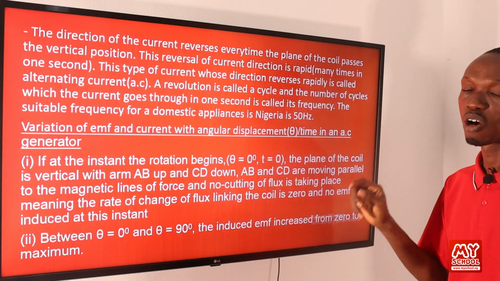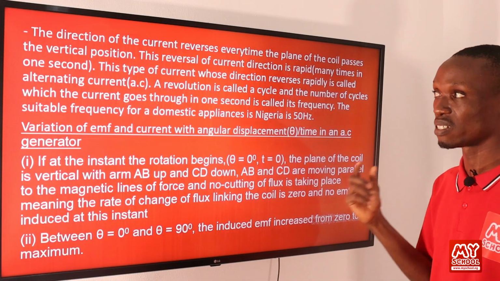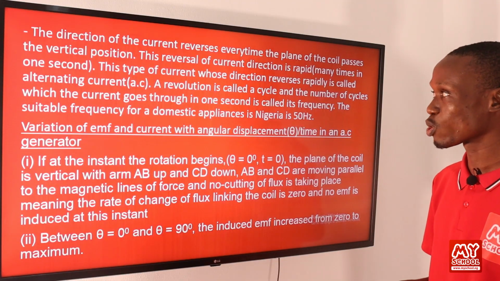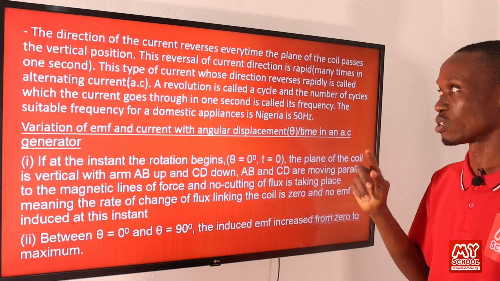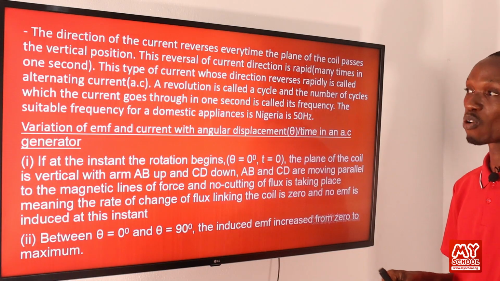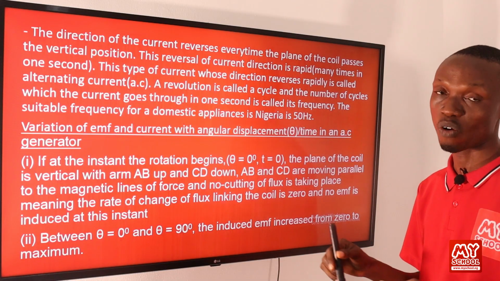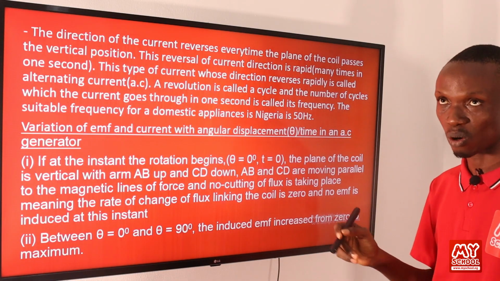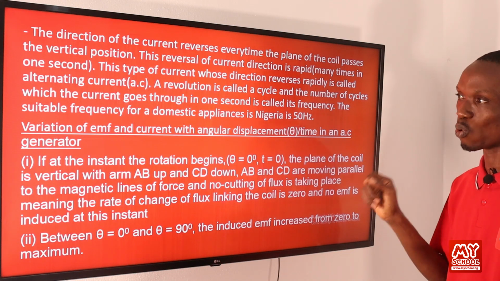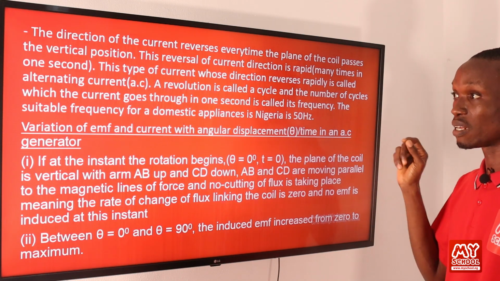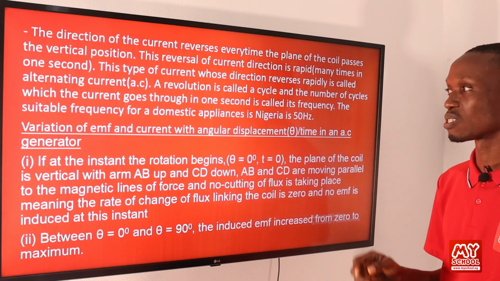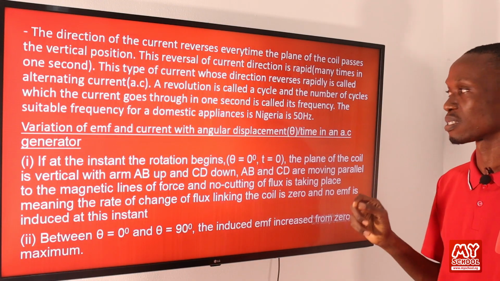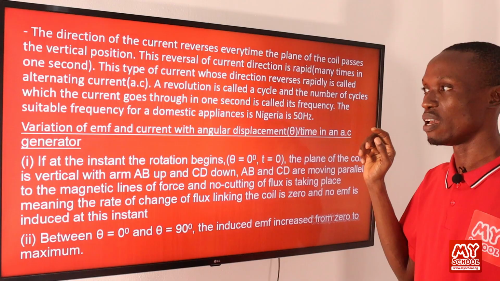So alternating current is one whose direction reverses rapidly. A revolution is called a cycle, and the number of cycles which the current goes through in 1 second is called its frequency. In Nigeria, the suitable frequency for domestic appliances is 50 Hz.